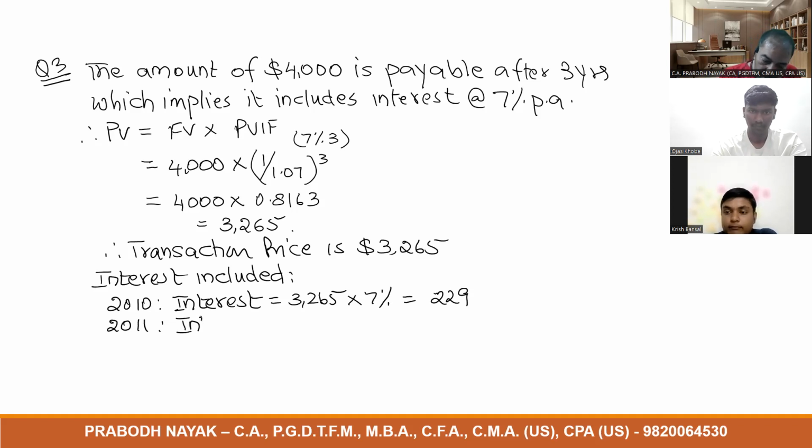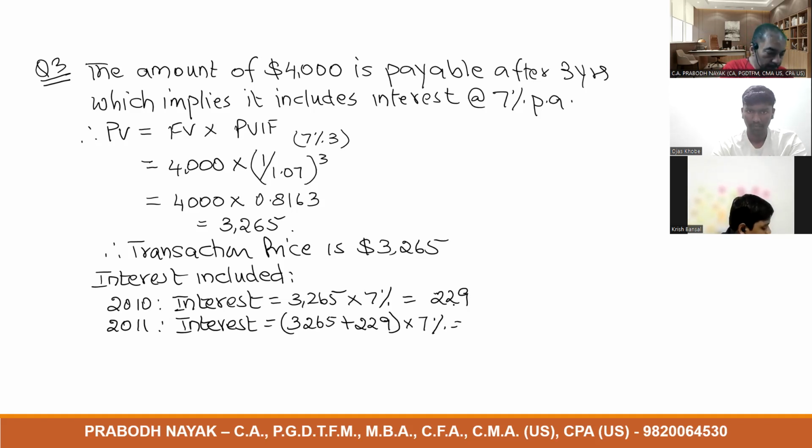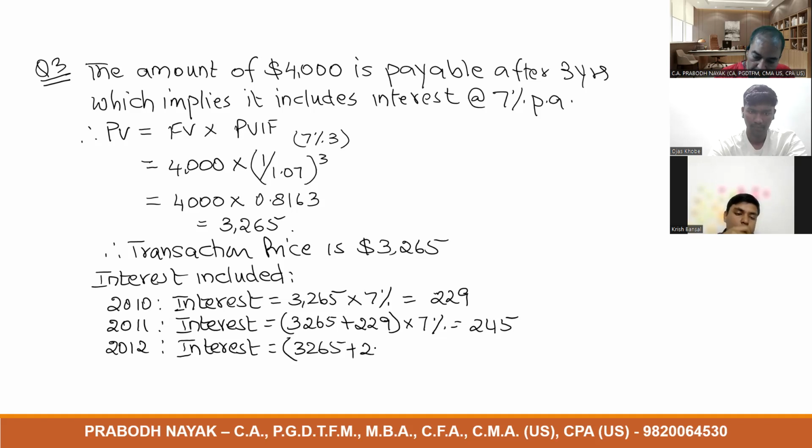For 2011, 3265 plus 229 into 7% is 245. For 2012, 3265 plus 229 plus 245 into 7% is 262.